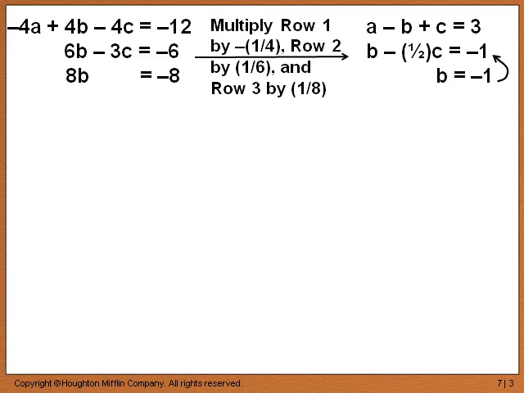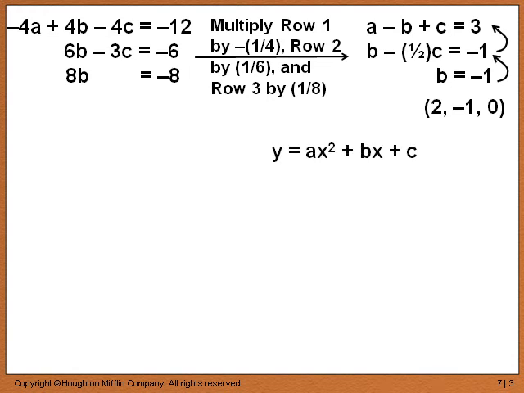We already have B. We can back substitute that into row 2 to find C, and then we back substitute B and C into row 1 to find A, and we end up with this solution. A equals 2, B equals negative 1, C equals 0.